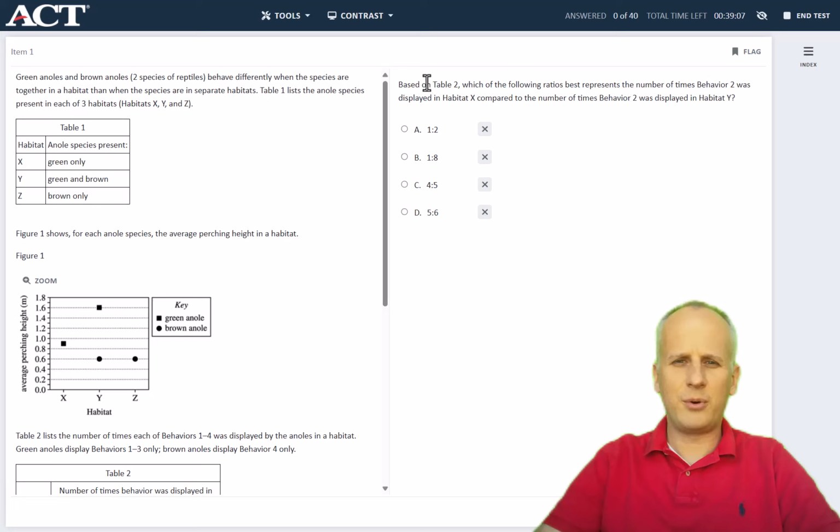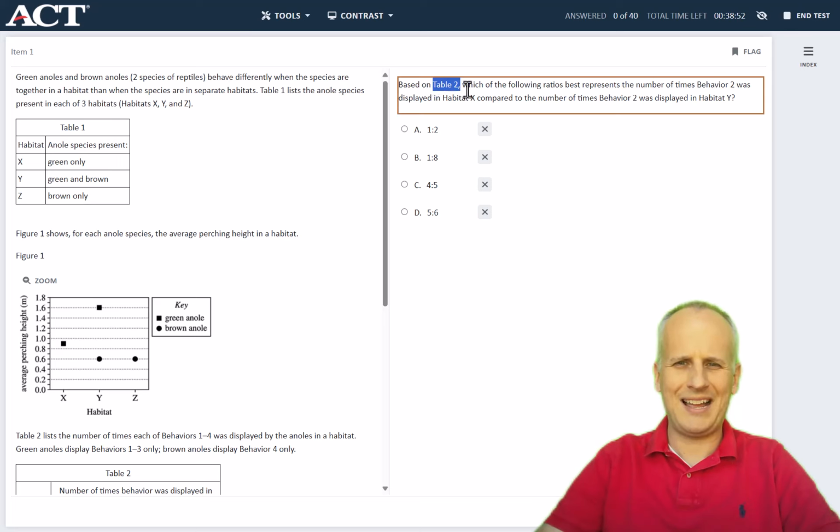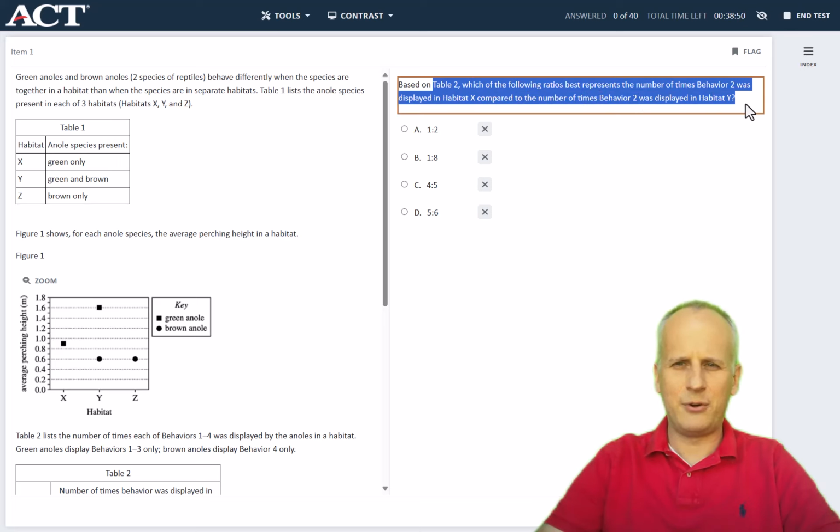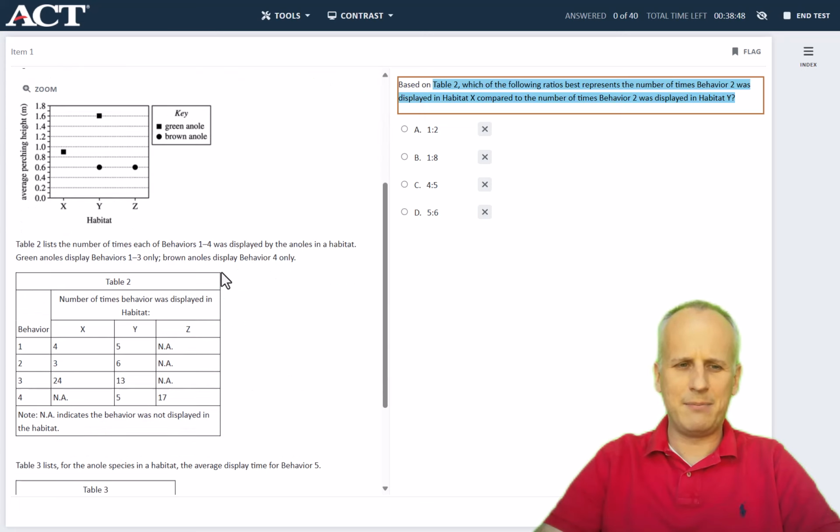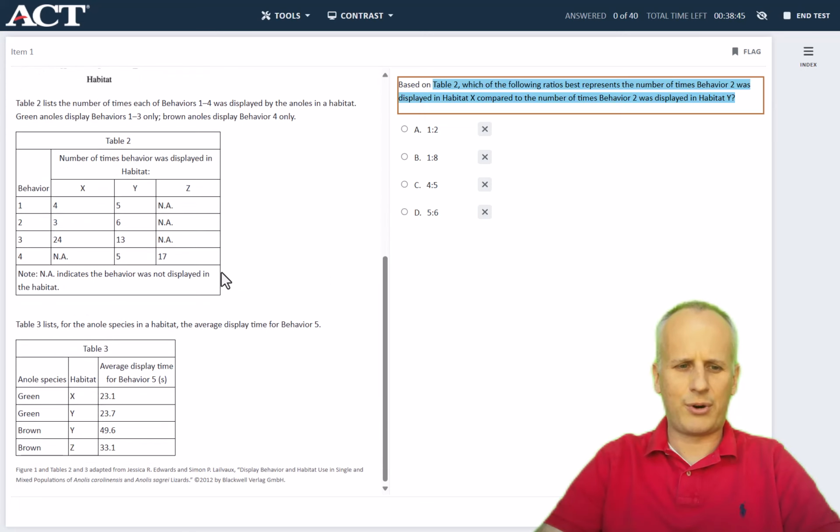So we read the question stem first. It says, based on table 2, which of the following ratios best represents the number of times behavior 2 was displayed in habitat X compared to the number of times behavior 2 was displayed in habitat Y? So I'm going to highlight what I'm being asked to focus on and get straight to table 2, which I can see is right here.